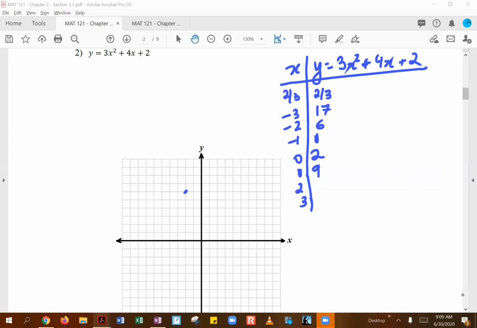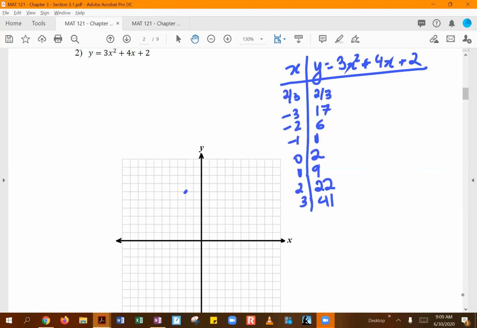Lori, very good. So positive 2. Okay, 22. And then positive 3, I'm going to imagine is going to be again a larger number over there. So what do we get for positive 3? 41.